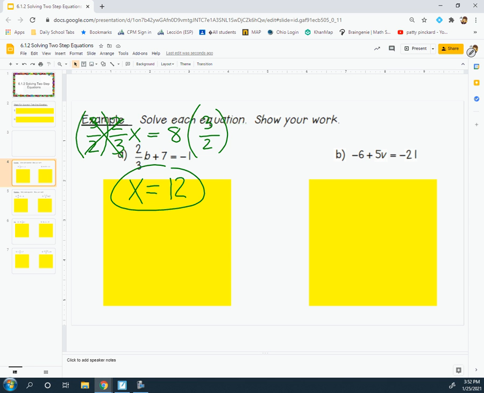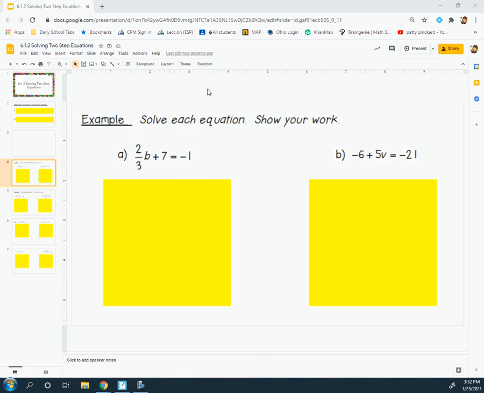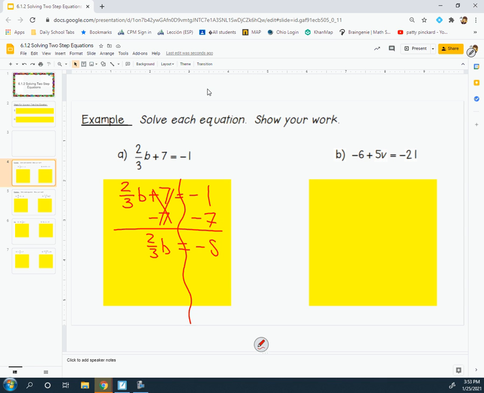So I want to keep this in mind as we go through these problems. Okay, so our first example is 2/3 b plus 7 equals -1. I rewrite it on my whiteboard because that's how you will show your work. Draw my line. I'm going to first subtract 7 from both sides. So I get 2/3 b equals -8.